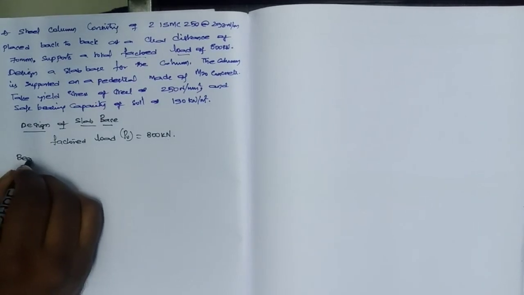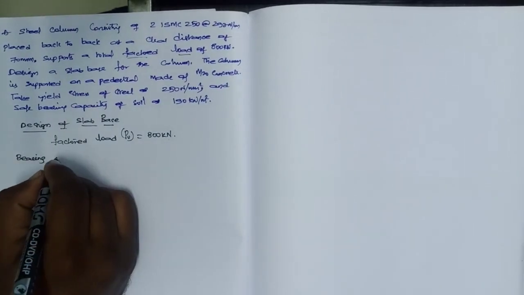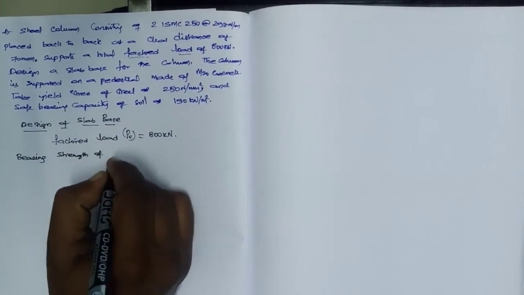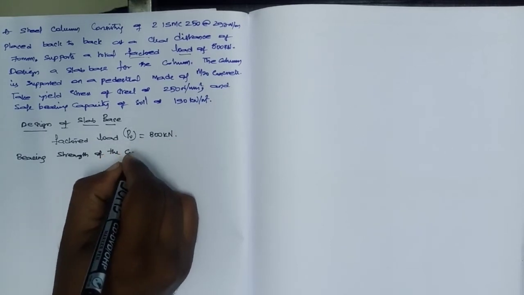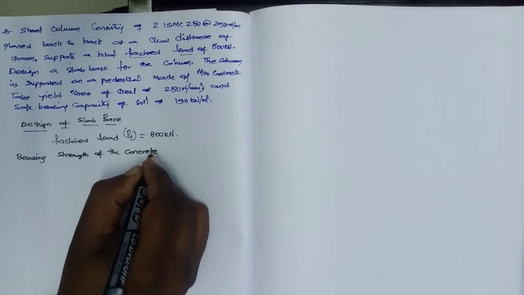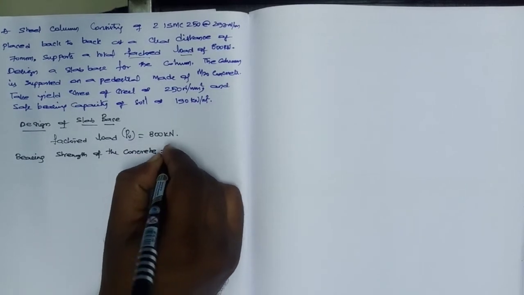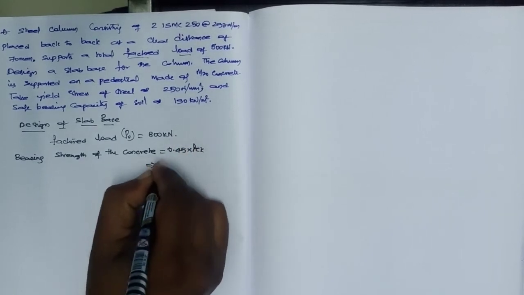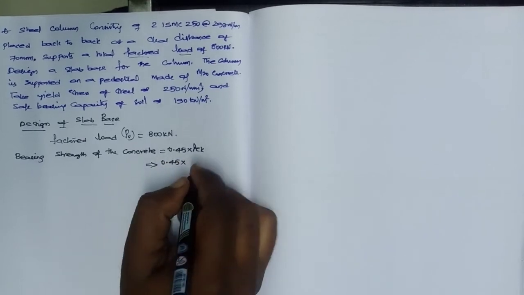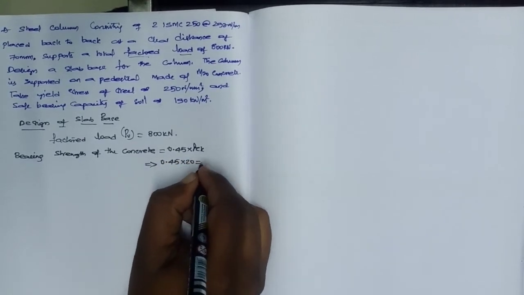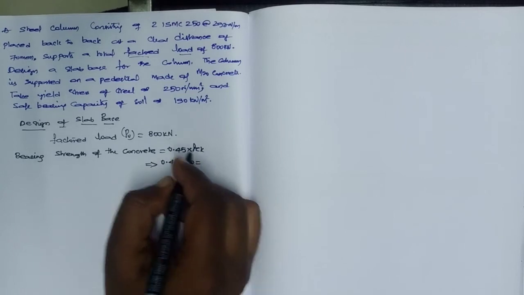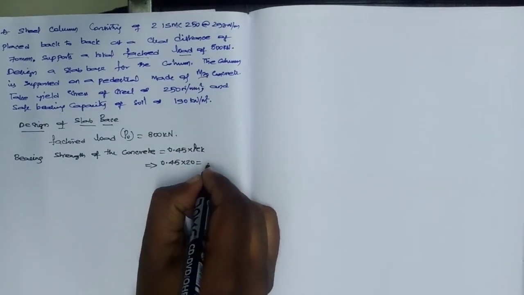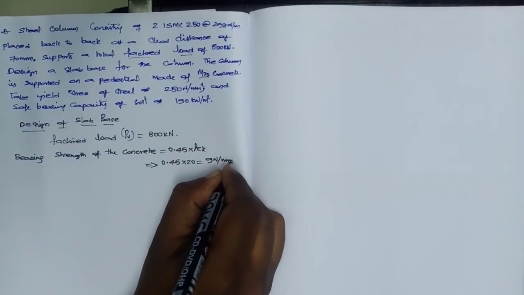Now bearing strength of the concrete is equals to 0.45 into FCK. So 0.45 into 20, M20, so 9 Newton per mm square.